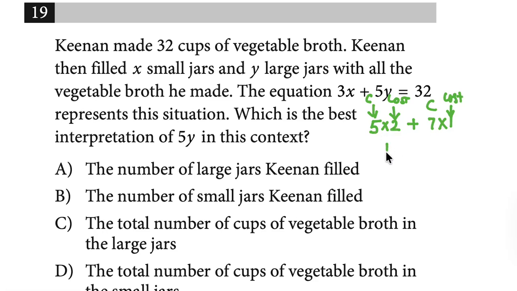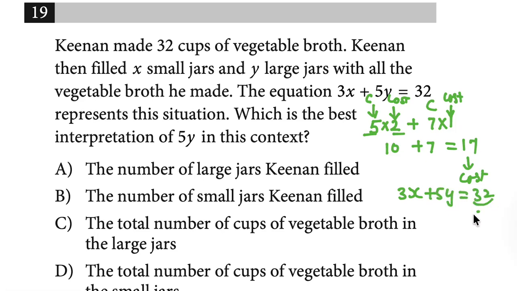So 5 twos are 10, $10 overall cost for the chocolates, and 7 ones are 7 for the candies. So the total cost is $17. So you see, items times cost plus items times cost is equal to cost. Now let's see here: 3 times x plus 5 times y is equal to 32.